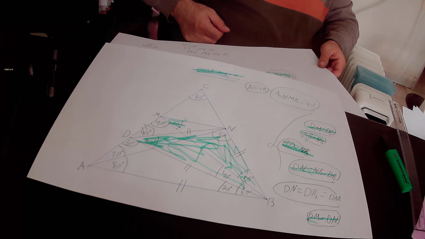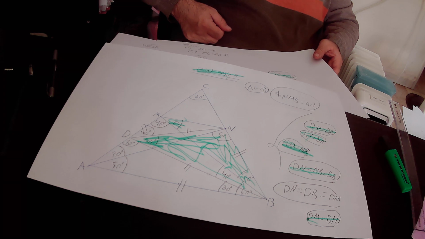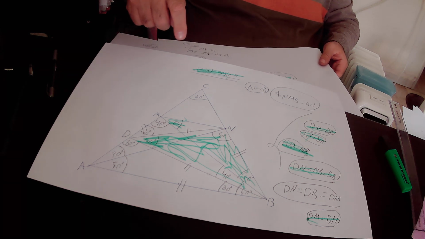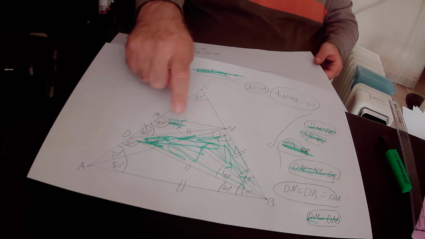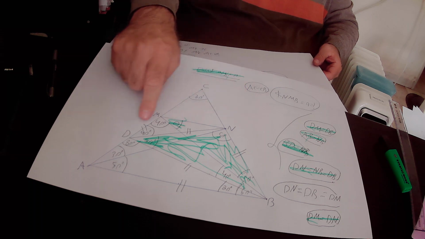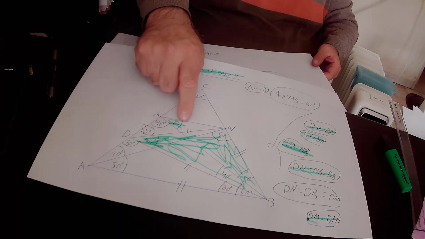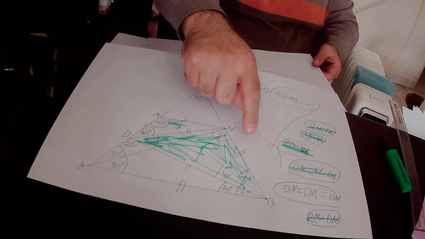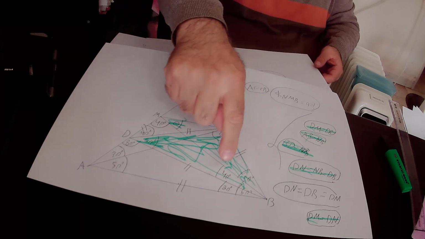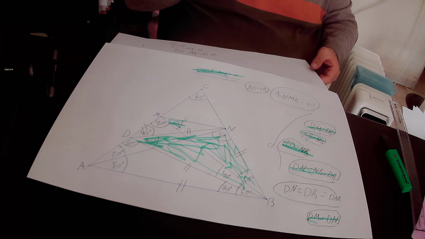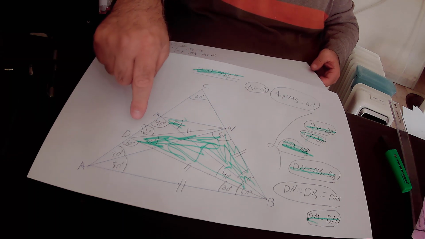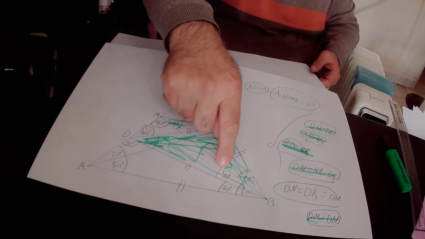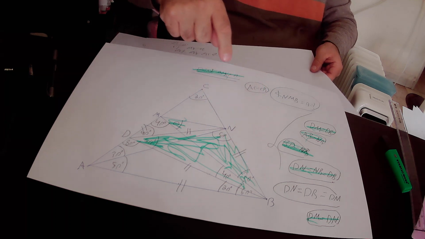Then we focus on triangle DNB. Actually, first of all, we join points D and N together by a straight line. By joining points D and N, we created triangle DNB. And in triangle DNB, you get angle DBN equals 40 degrees plus 20 degrees, that is 60 degrees.